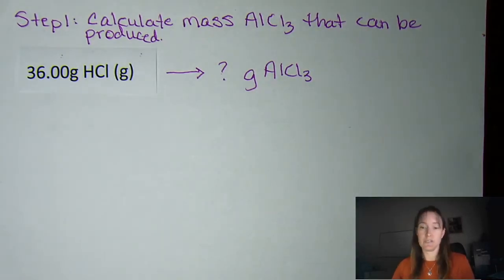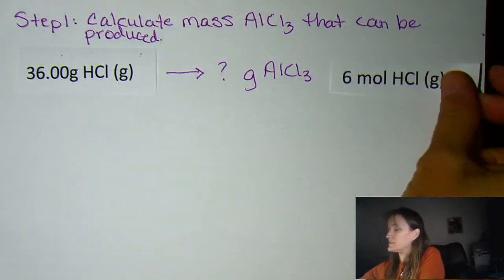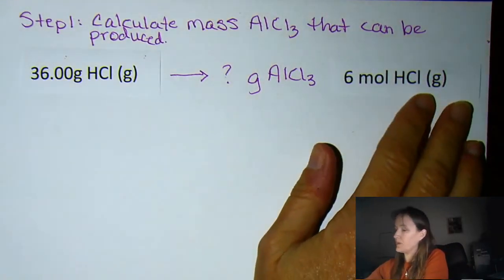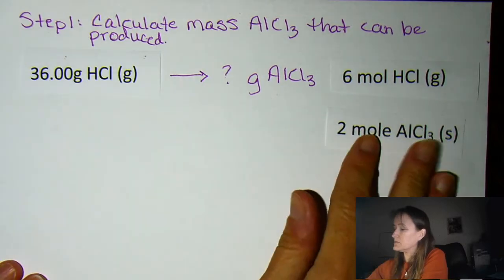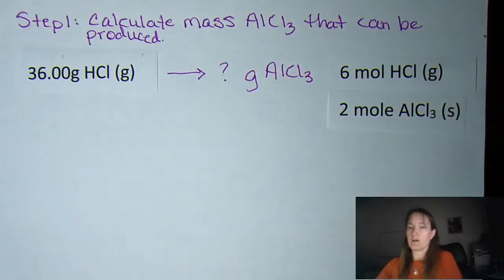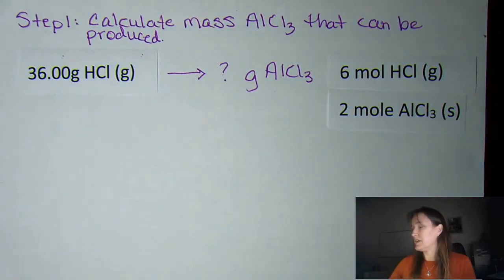That's the stoichiometry. Those are the coefficients. Our coefficient for HCl is 6 moles, and our coefficient for aluminum chloride is 2 moles. So our ratio between HCl and AlCl3 is 6 moles of HCl to 2 moles of AlCl3.